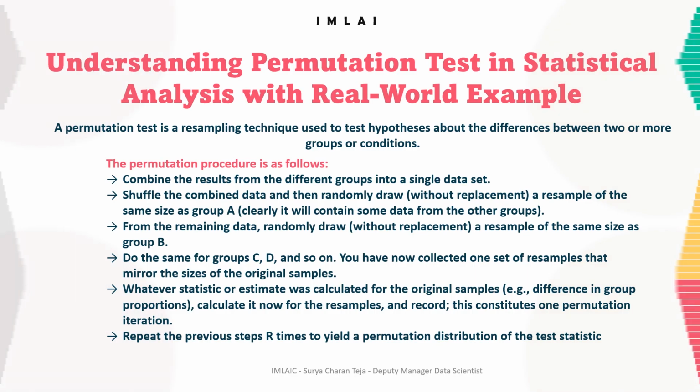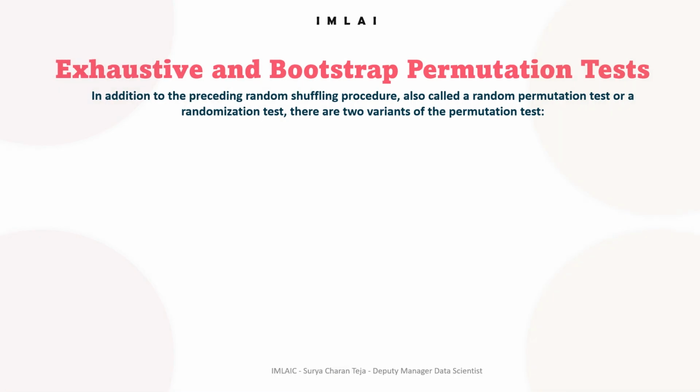Let's look into a few more types of permutation tests and wrap this permutation test up. So there are two types: exhaustive and bootstrap permutation tests. In addition to the preceding random shuffling procedure, which we call a permutation test, people also call it a random permutation test or a randomization test.